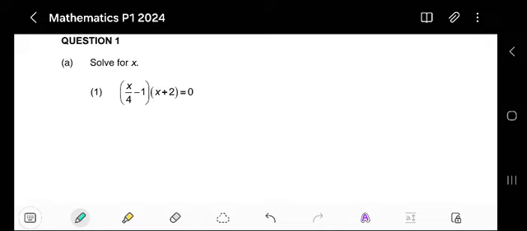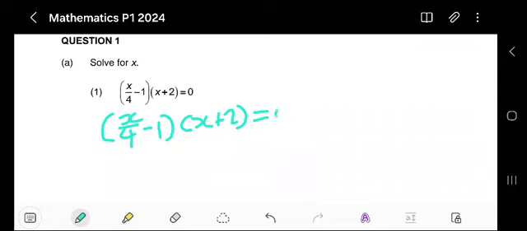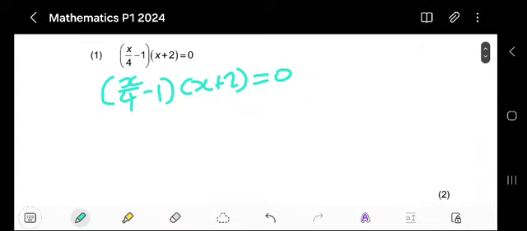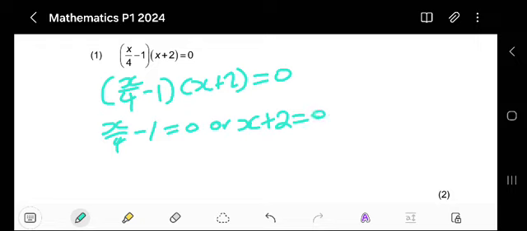We're given (x over 4 minus 1) times (x plus 2) equal to 0. So x over 4 minus 1 must be equal to 0, or x plus 2 must be equal to 0.